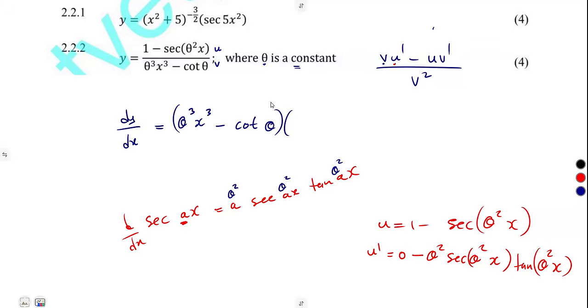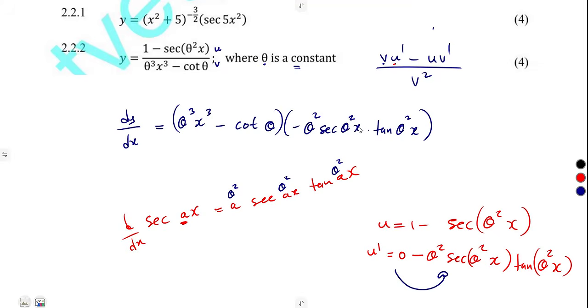As theta is a constant, theta squared is also a constant. So 0 minus this, that's simply a negative: negative theta squared sec theta squared x tan theta squared x. So this is what you're going to have.